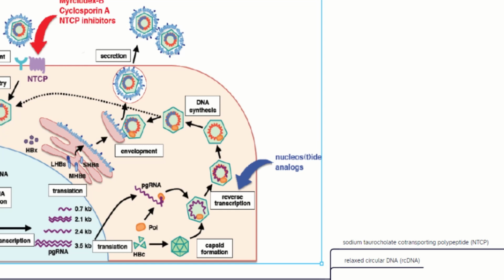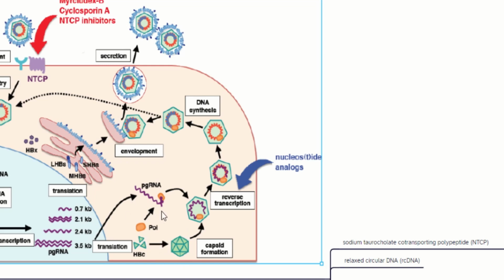So, to round it up again, the virus can go inside the cell, lose its envelope, then go inside the nucleus and lose its capsid. The DNA will go through transformation into a covalently closed circular DNA, cccDNA. Then this DNA will be the building block for pregenomic RNA.